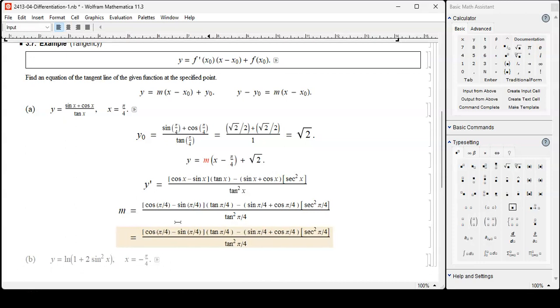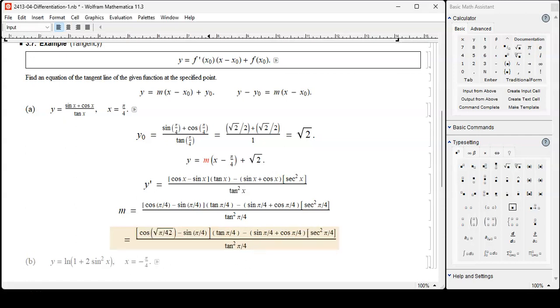Let's see, cosine of pi over 4, what is that? That's square root of 2 over 2. And then sine of pi over 4, that's also square root of 2 over 2. So what do we have here? This entire thing is 0, square root of 2 over 2 minus square root of 2 over 2.